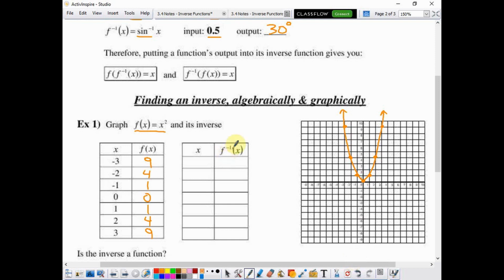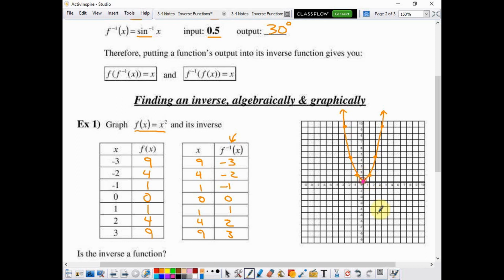The f inverse of x, this right here means the inverse, just means that we switch the inputs and the outputs. So each point, the x and y value get reversed. So when we graph the inverse, it's all the x and y values reversed.